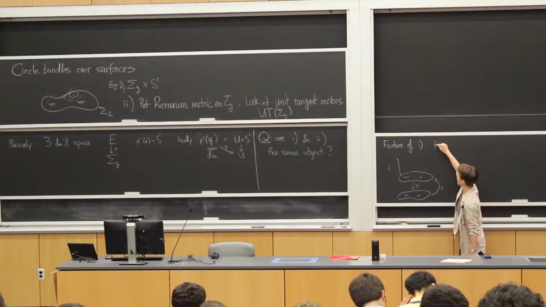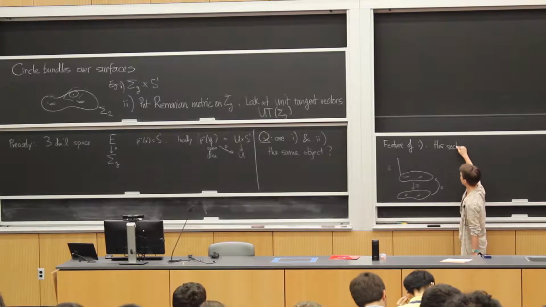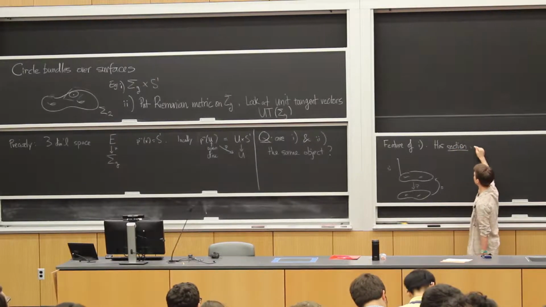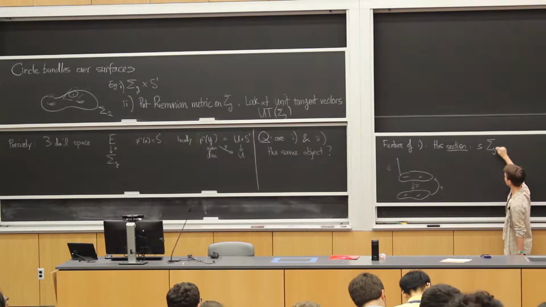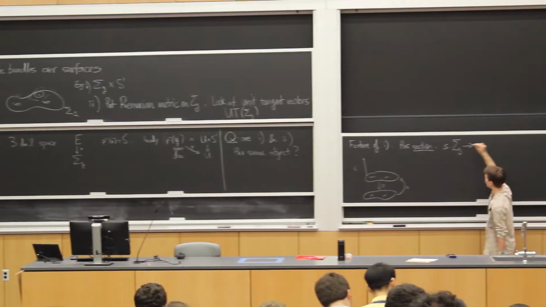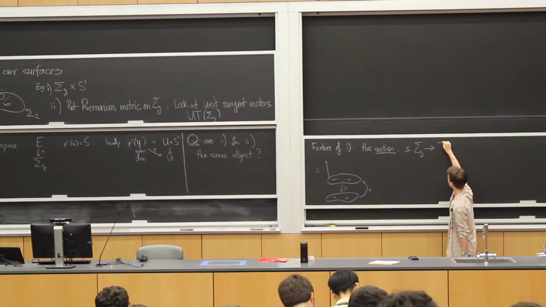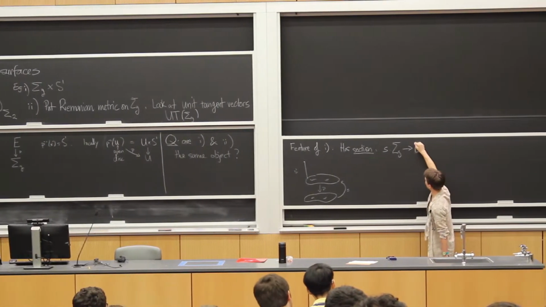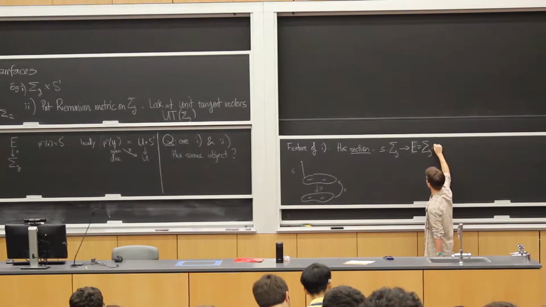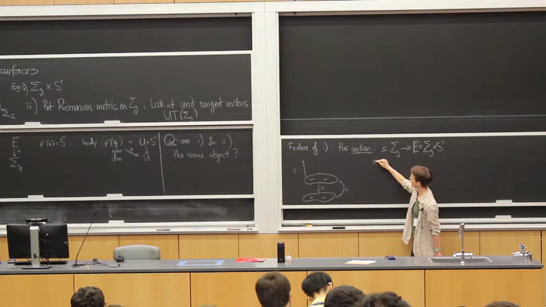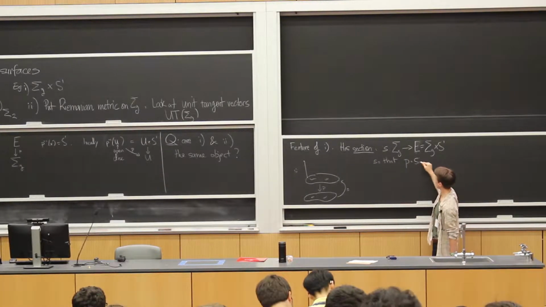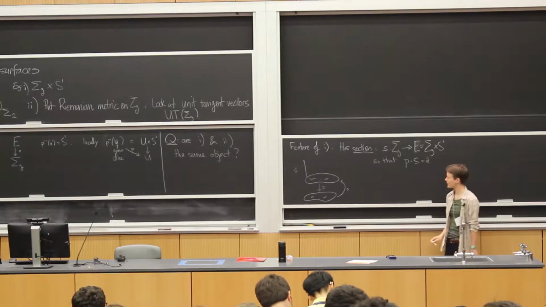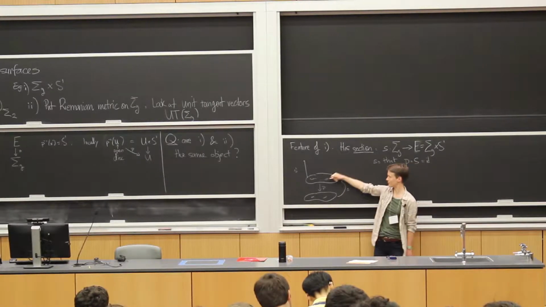So this has a section, which is a map s from your surface to the space, here I was calling it E, so that s composed with p is the identity on your surface. Just embed your surface as surface cross a point.